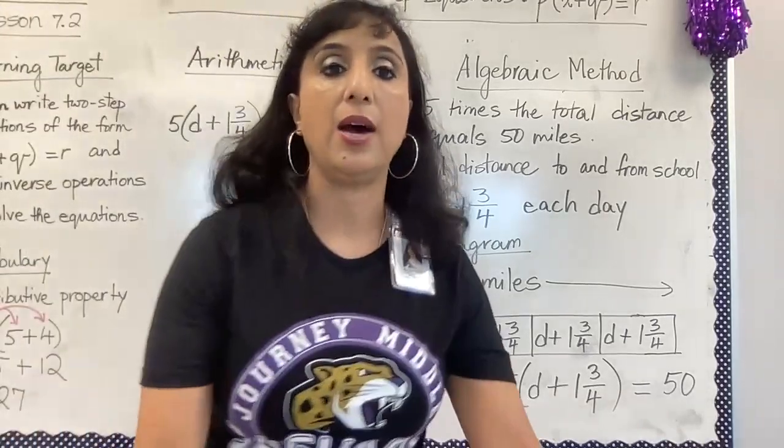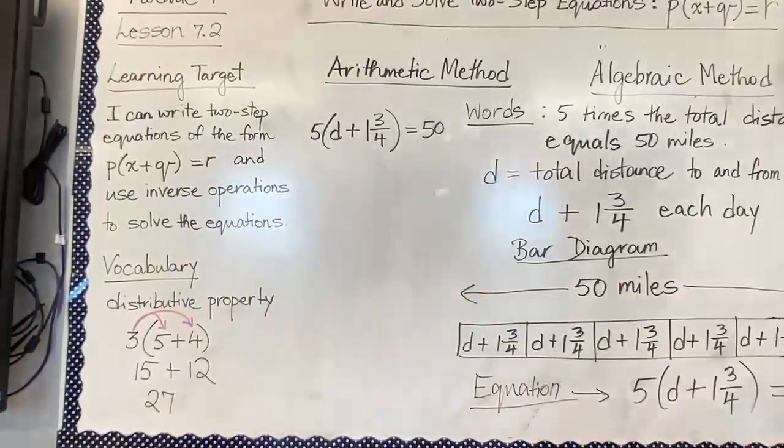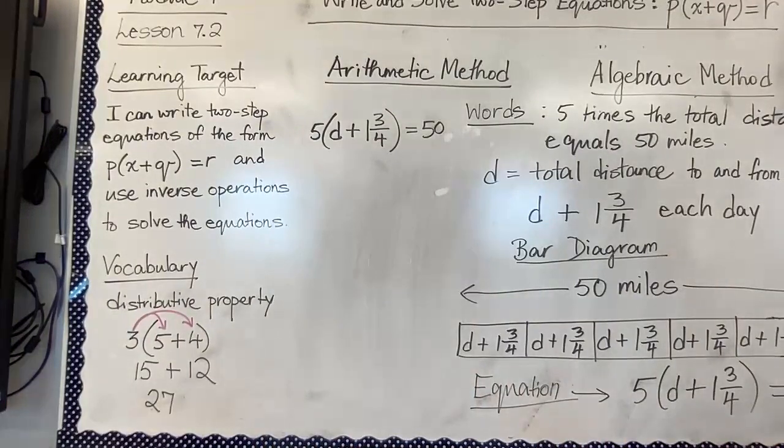All right. Now, 2 ways that I can do this. Once again, you can use the division property of equality. You can use the distributive property. But I'm just going to use the division property of equality right now.